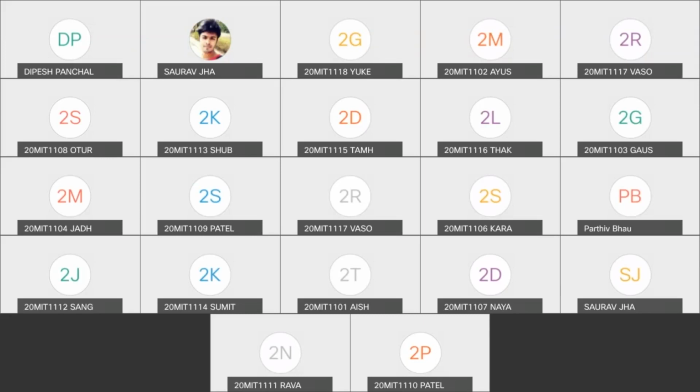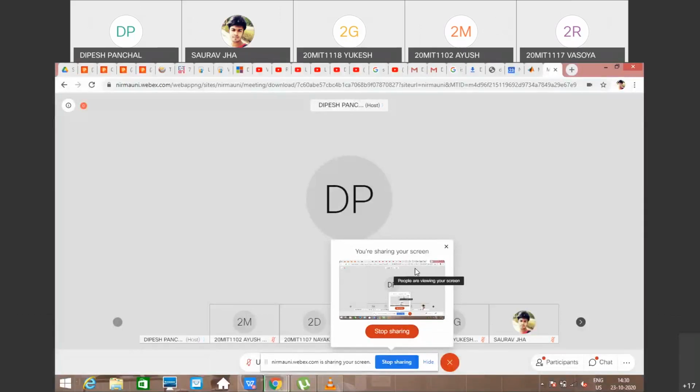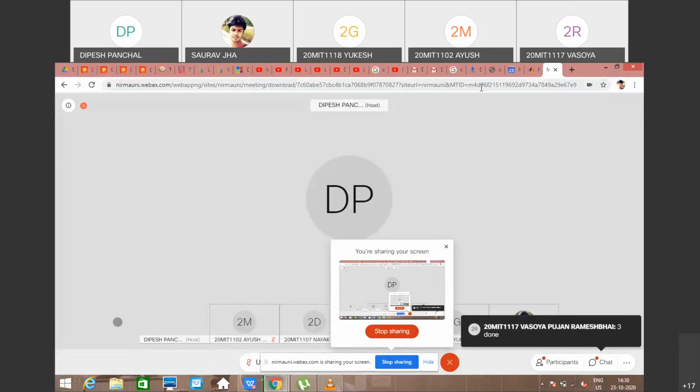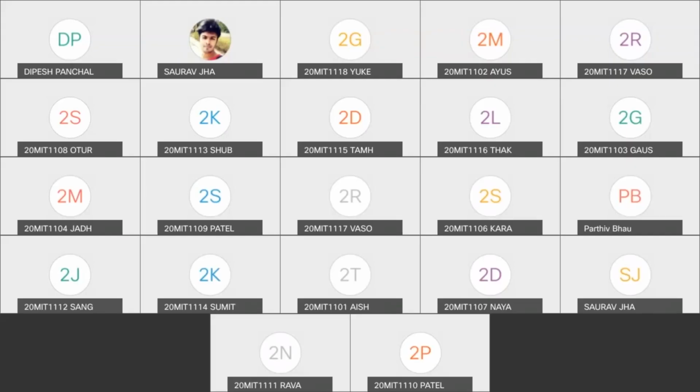So only 1, 2, 3, 4, 5 students done. Saurav is sharing. Yes, correct. No problem. Correct.